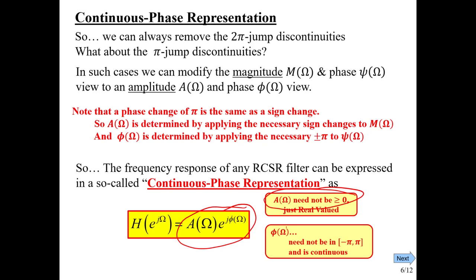And phi of omega no longer needs to lie in minus pi to pi, because we could have adjusted that with corrections for type 2 or type 1 discontinuities. So we could also do that here. But the important thing is that this is continuous. There are no jumps, no 2 pi jumps and no pi jumps. That's the thing we're focusing on now.